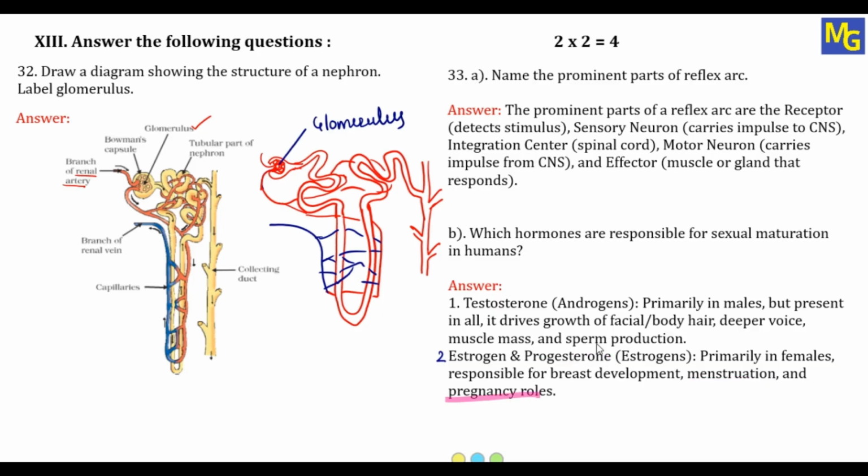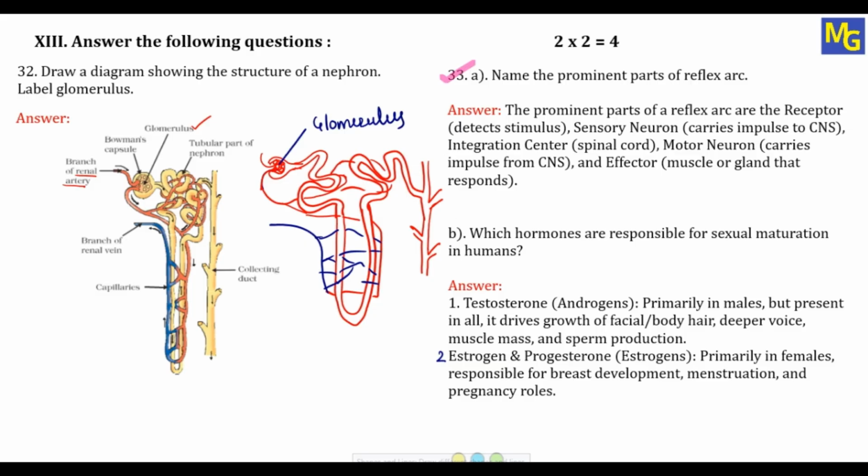Here they have asked only for hormones, so remember to write testosterone or androgens, estrogen, progesterone. This is the extra information which I have given. It will help you to answer some other questions, so remember all this information. So this was the answer for part B of question number 33.